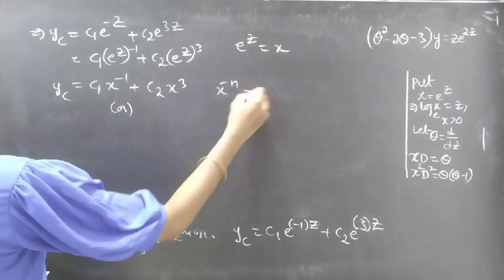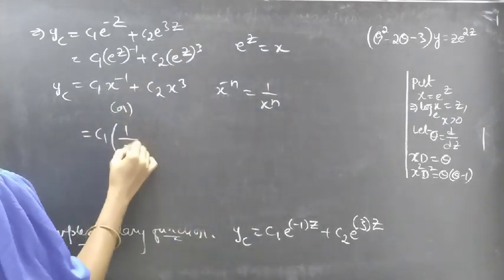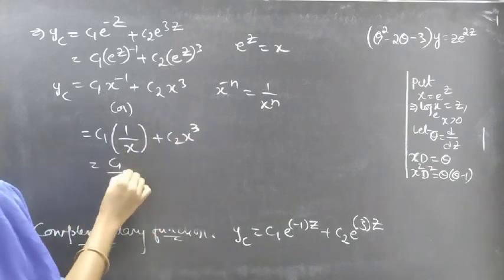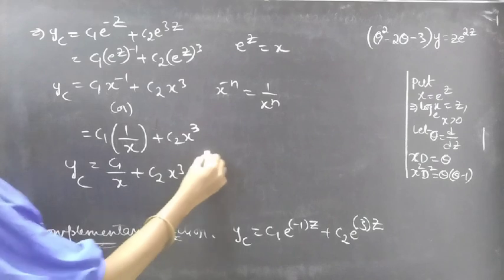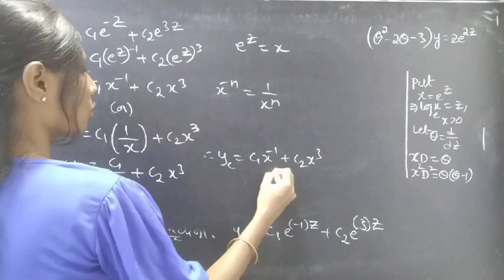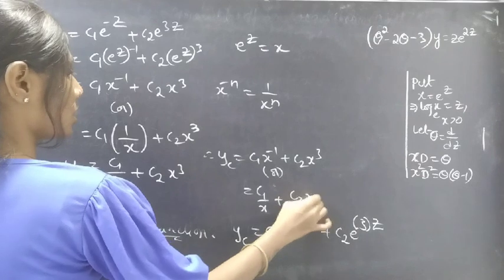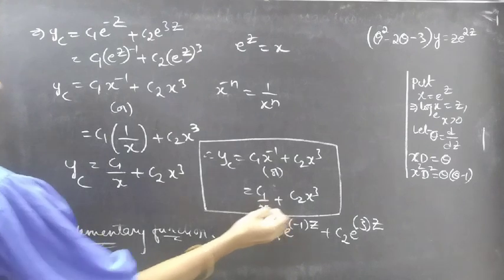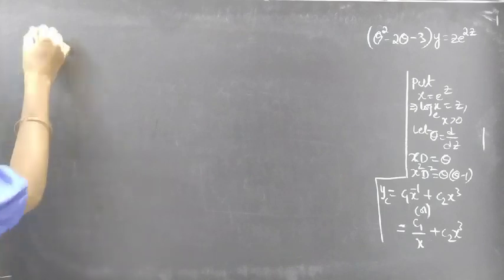We know that x^(−n) = 1/x^n, then we can write x^(−1) as 1/x. Therefore y = c1 x^(−1) + c2 x³, or c1/x + c2 x³. We got yc. Now let's find yp, the particular integral.